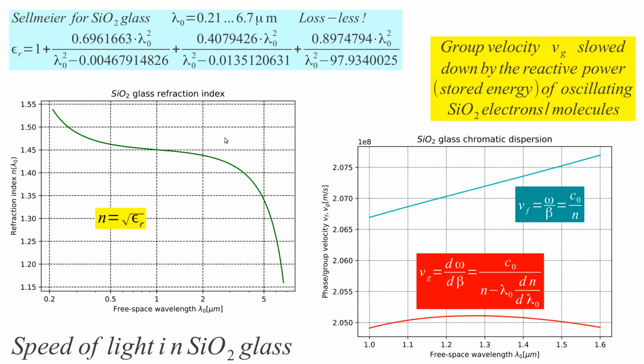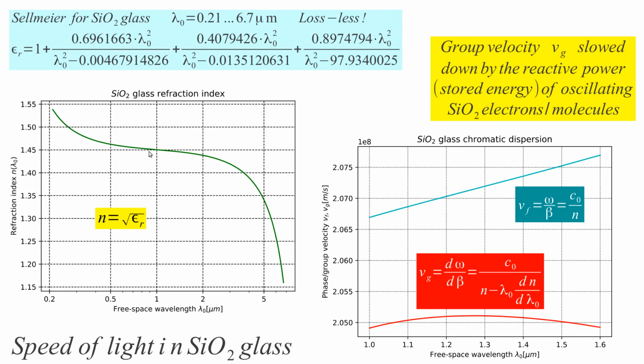And this equation is a good approximation between 0.21 micrometers, so this is already ultraviolet, to quite far infrared, 6.7 micrometers. In this region, the losses are low, and we presume that that's almost lossless propagation.